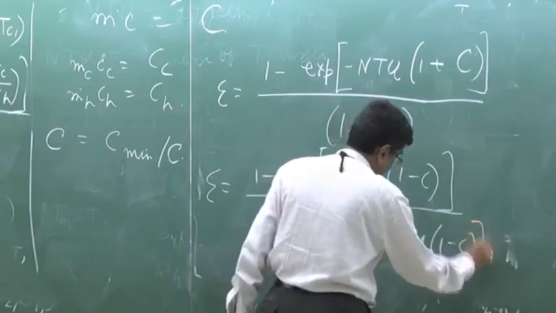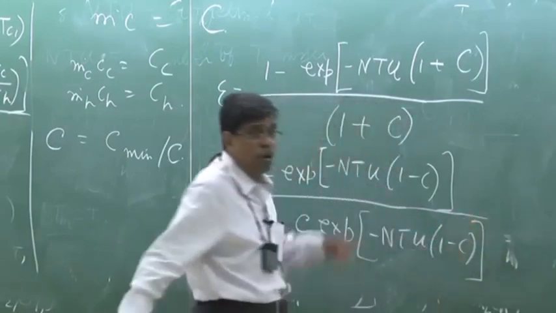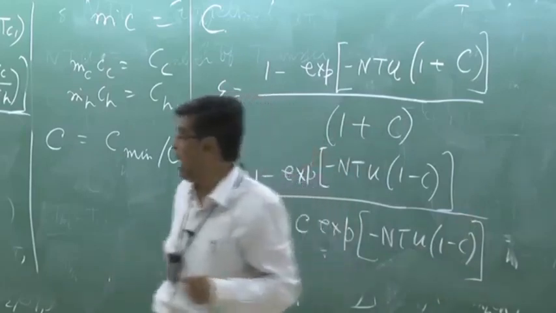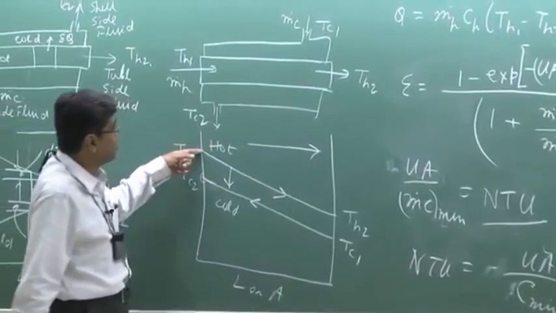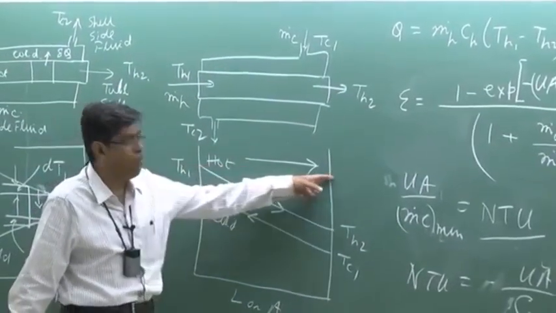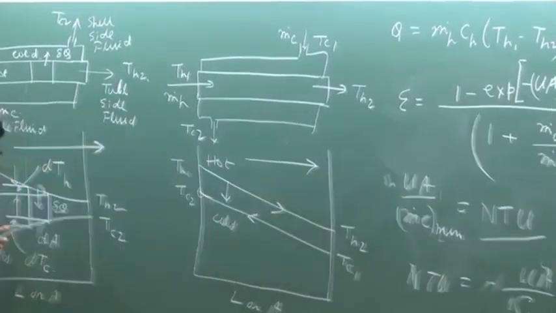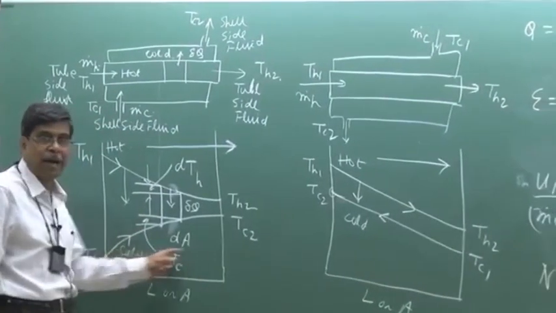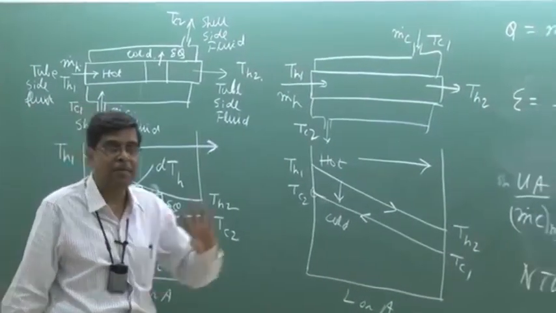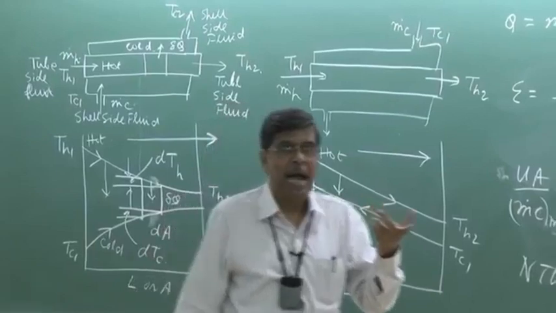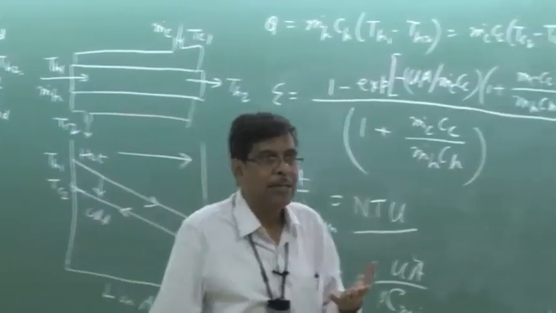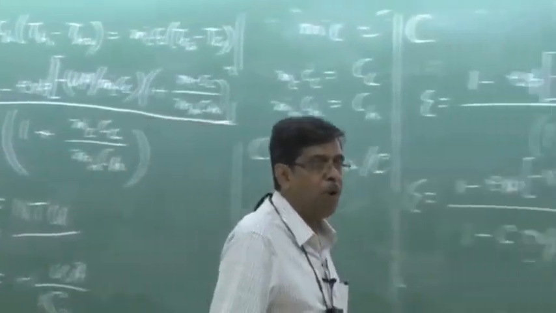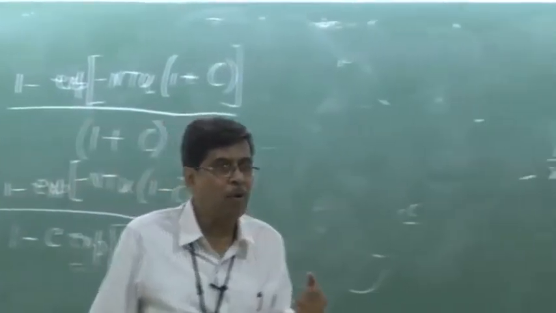Now you see that in condensation and boiling, I told you one of the fluids will be a parallel line. In case of condensation, the hot fluid is a parallel line. In case of boiling, the cold fluid is a parallel line. And parallel line means temperature does not change. I told you qualitatively that counter flow and parallel flow remain the same.